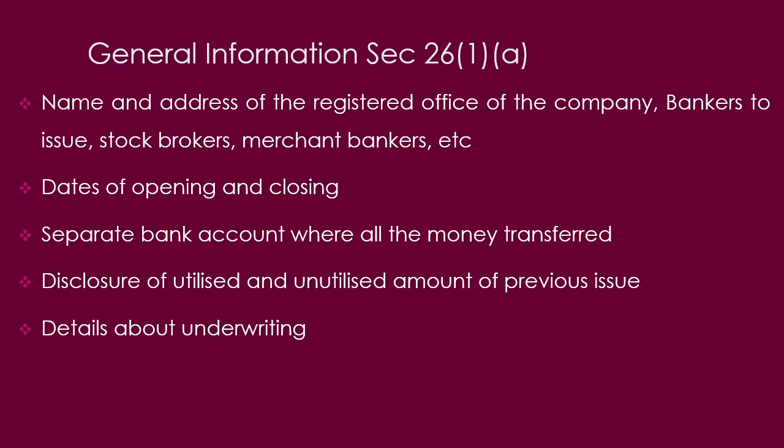So for that reason, if the general public apply for only 80% of the issue, in that situation, the company cannot go further. So for that reason, the company will enter an agreement with a third party to purchase the shares or debentures in the failure of general public subscription.